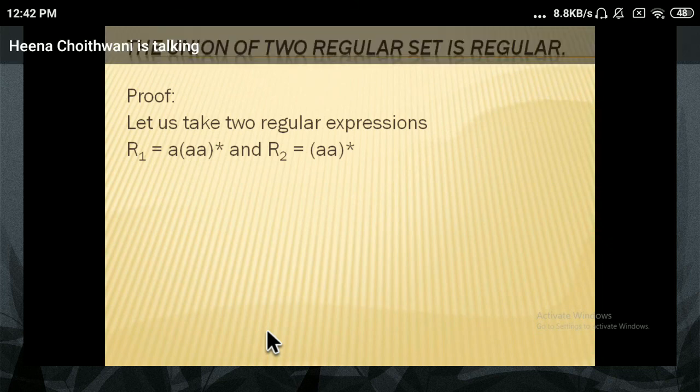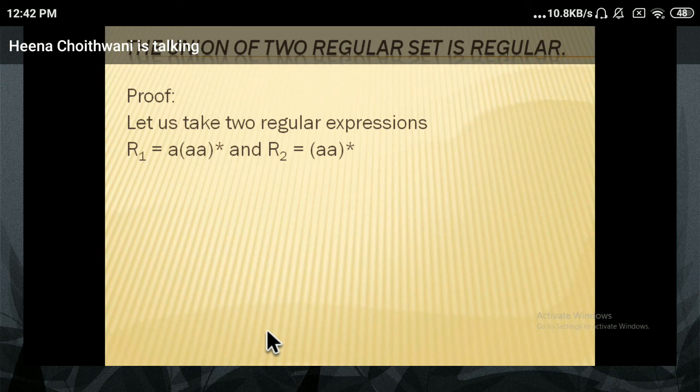We are trying to prove union of two regular sets is regular, right? We have taken my first regular expression as A double A star and R2 as double A star. We have to prove that union of R1 and R2 is a regular expression.